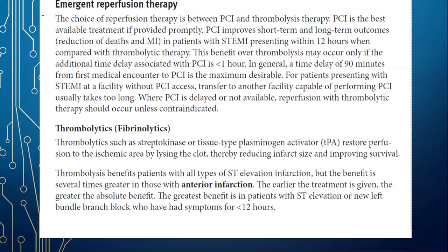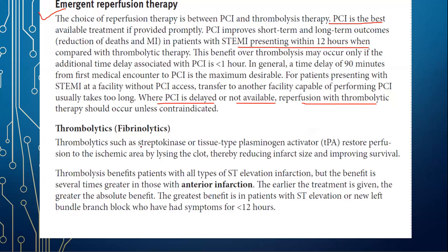We already discussed when we should do emergency reperfusion therapy, and the best one is PCI, and only when the patient presents within 12 hours of symptom onset do we do the PCI. Whenever PCI is delayed or not available, then we go for thrombolytic therapy.